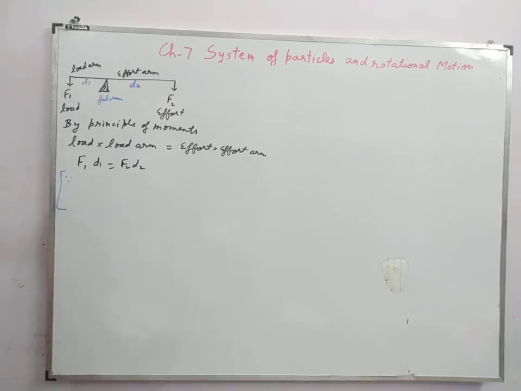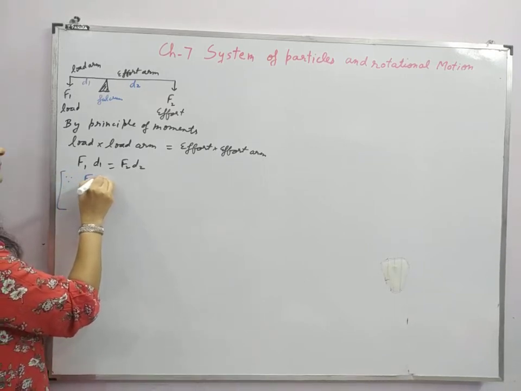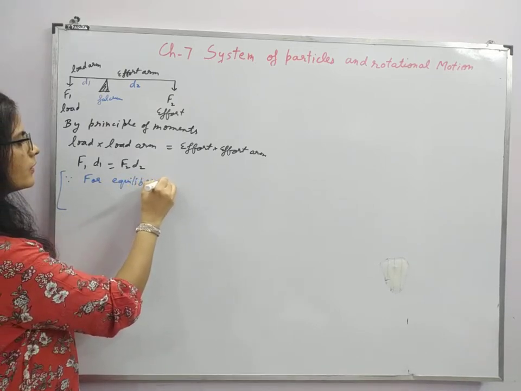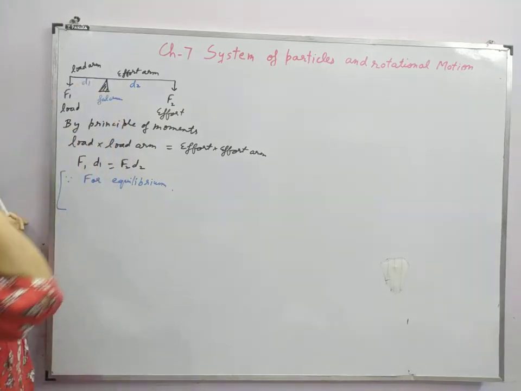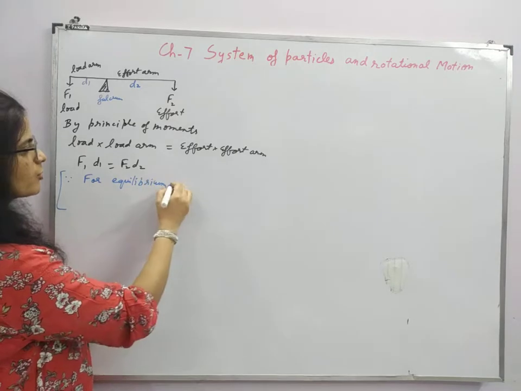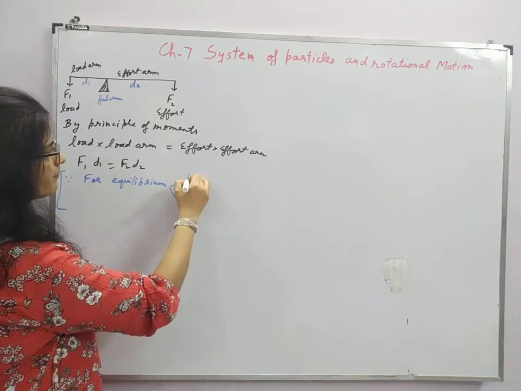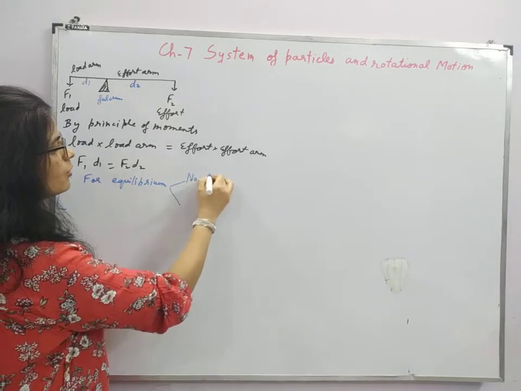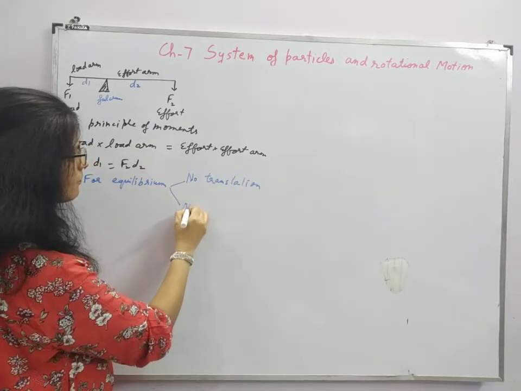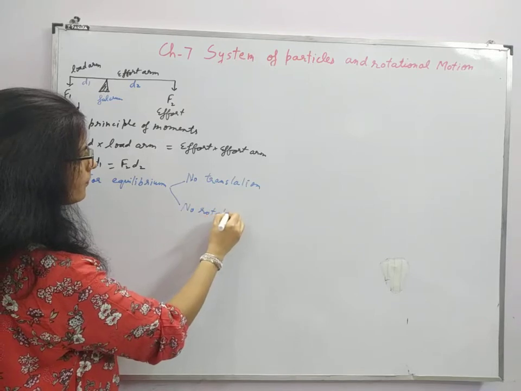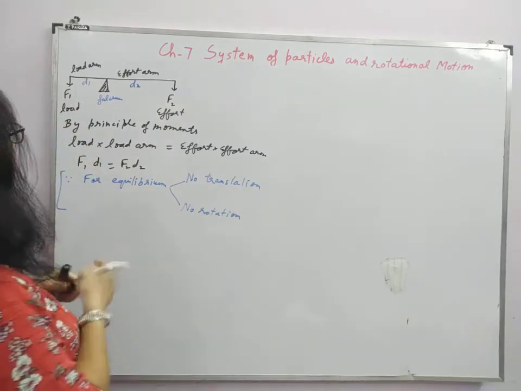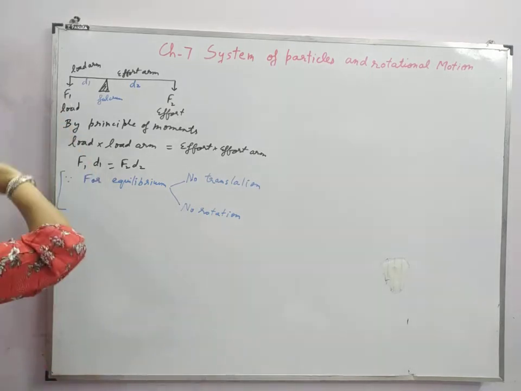Since, for equilibrium, we know that it is pivoted here. So there must be no translational motion and no rotation for equilibrium. Let's check that here. For no translation, the net force must be zero.